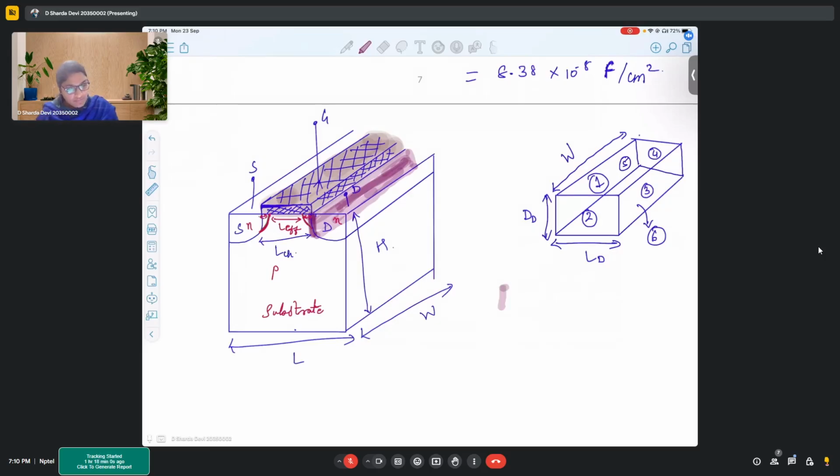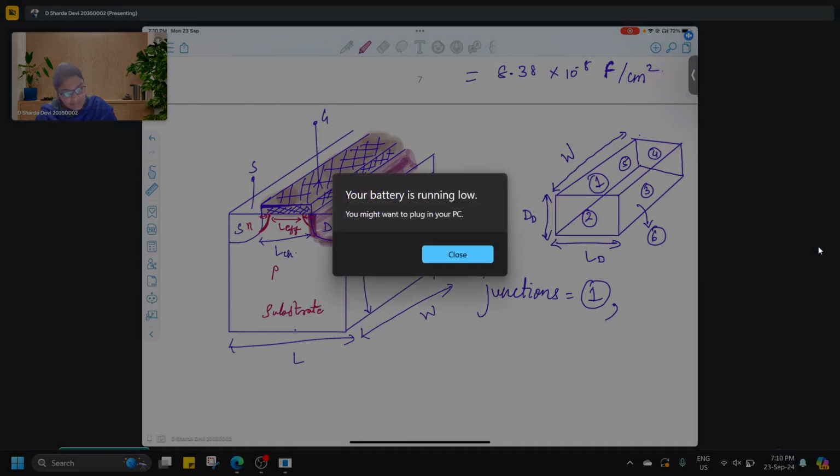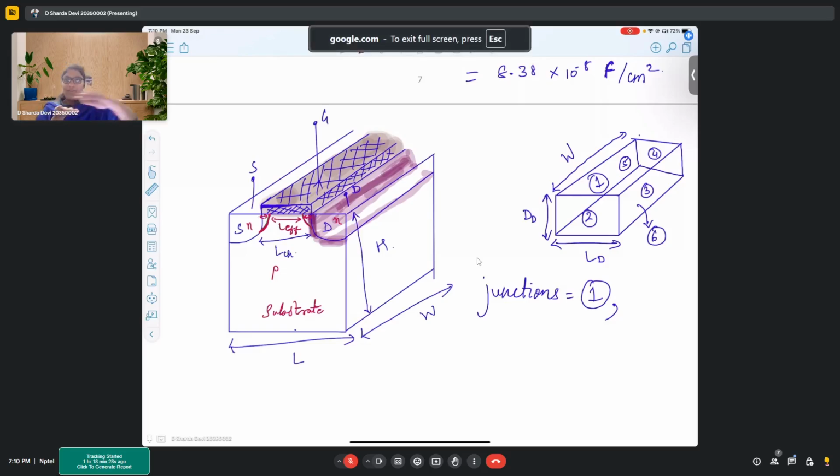Then see the bottom face of the cube, that is face 6.